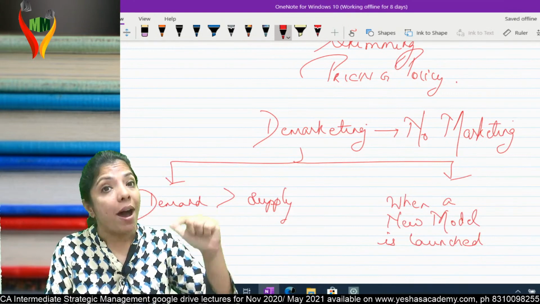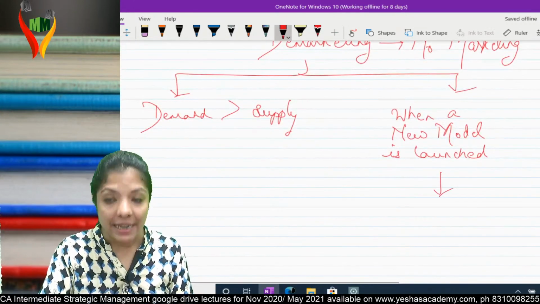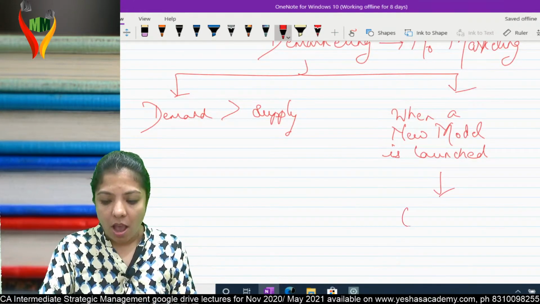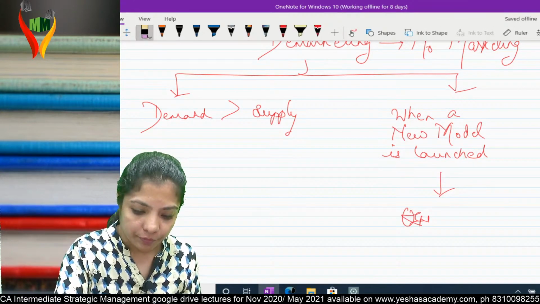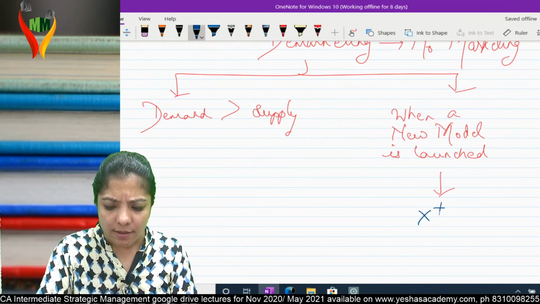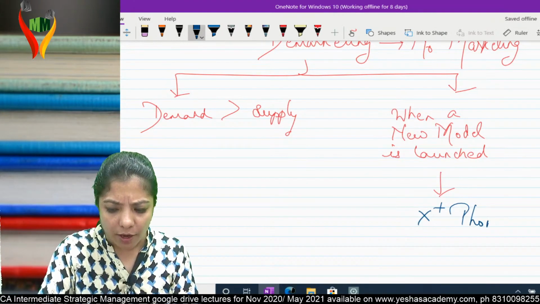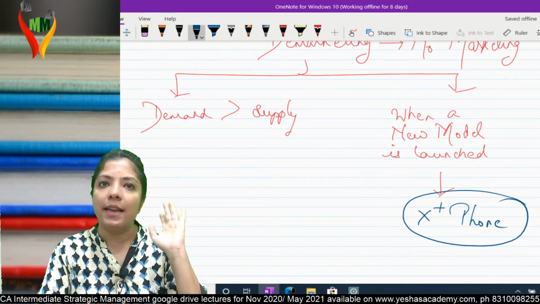Demarket, stop marketing. Am I clear? For example, if I take this example, it will be easier to understand first. Suppose, let's not take specific names over here, it becomes a problem. Suppose X plus is one phone. I had launched this, I was marketing this, and I was selling this.